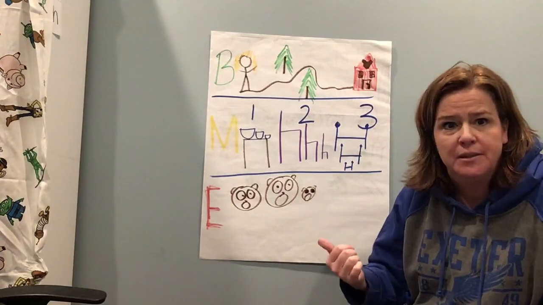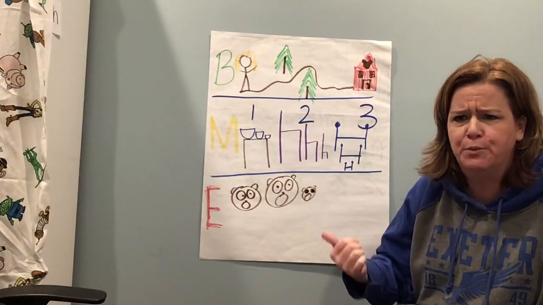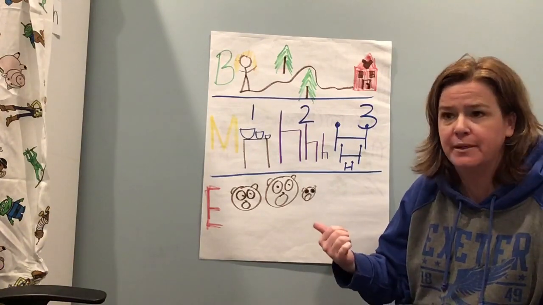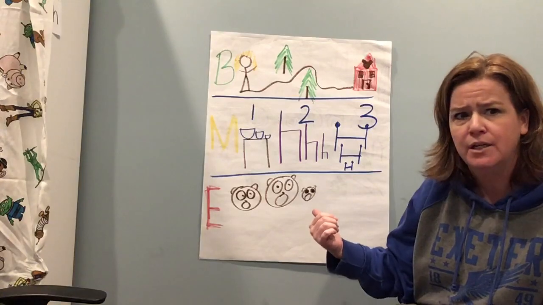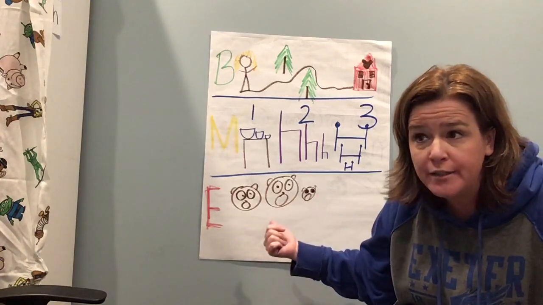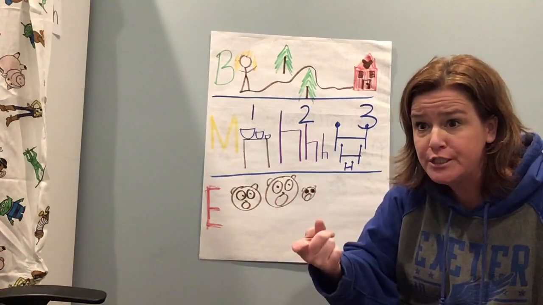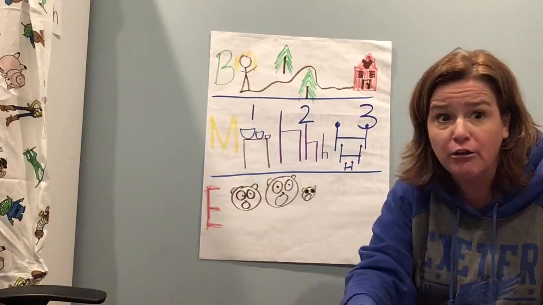They go upstairs. Papa bear said, "Somebody's been in my bed." Mama bear said, "Somebody's been in my bed." Baby bear said, "Somebody's been in my bed, and she's still there."